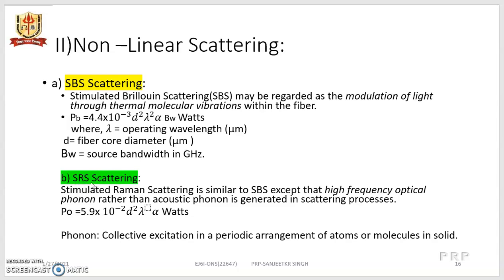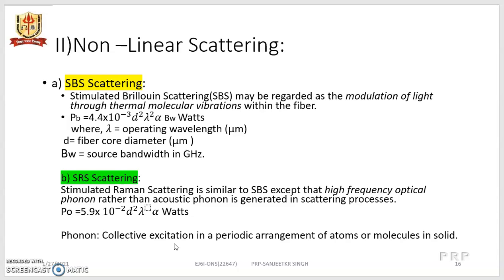Now the second type, SRS scattering, that is stimulated Raman scattering, is similar to SBS except that a high frequency optical phonon rather than an acoustic phonon is generated in the scattering process, and the Raman scattering threshold optical power is expressed by this equation: P0 is equal to 5.9 into 10 raised to minus 2 d squared lambda alpha, where alpha is the fiber attenuation per kilometer.